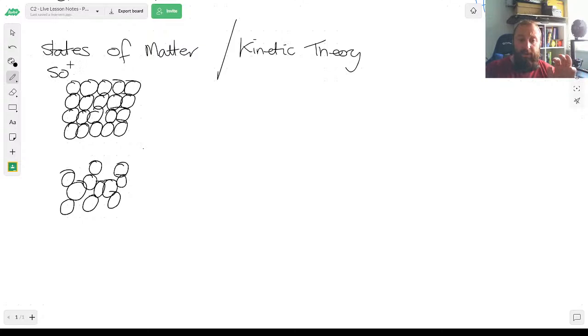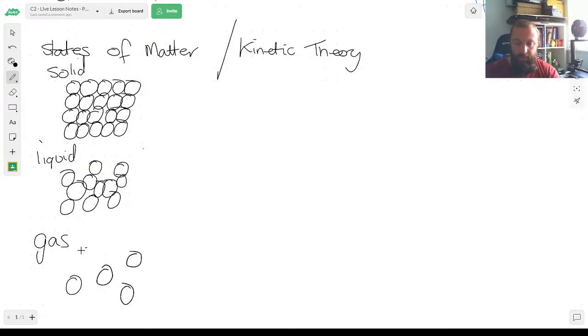So I've got my solid. I've got my liquid. And I'm going to put a gas down here. So make sure you get this right when you're putting these down, in terms of the idea that with a liquid, the particles are not nice and neat and ordered.